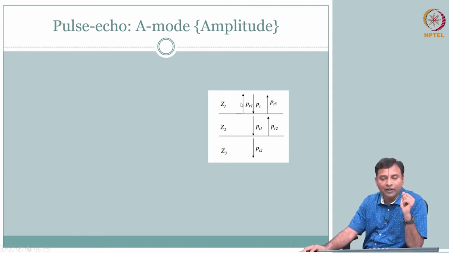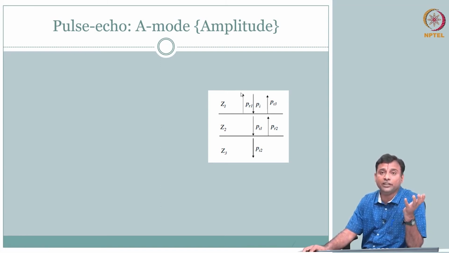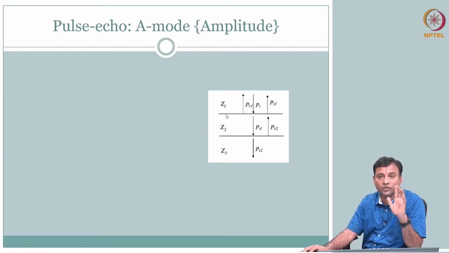Some amount is reflected back. How much? That depends on the reflection coefficient, the impedance mismatch. You should be able to calculate all this, because we covered the coefficient. If it is amplitude, it is Z2 minus Z1 over Z2 plus Z1. Or if it is hitting at an angle, we had a cos theta term, Z1 over cos theta. You should refresh all that from your physics.